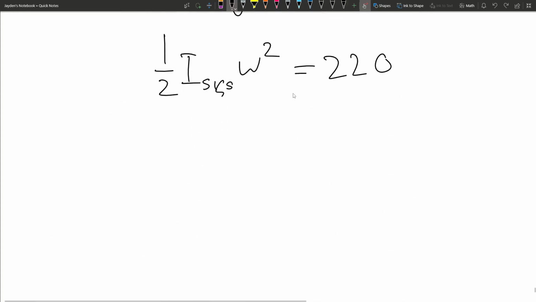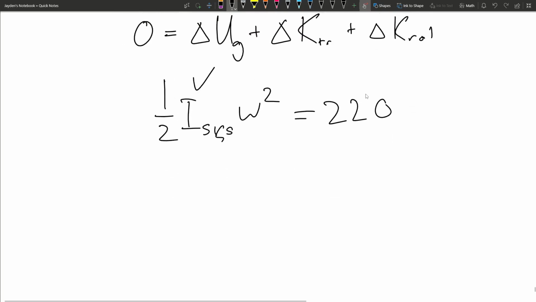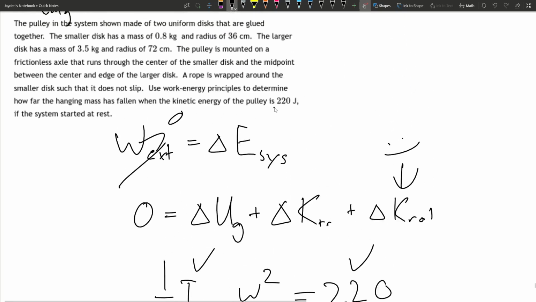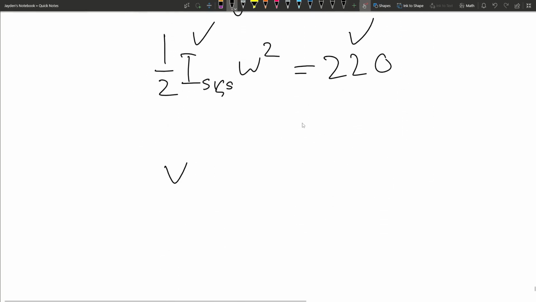We know this, we know the radius. We can find the speed of the object when it has 220 joules of kinetic energy in the rotational portion. So let's just say that v is a number, and we know it now because we can solve it with this formula.